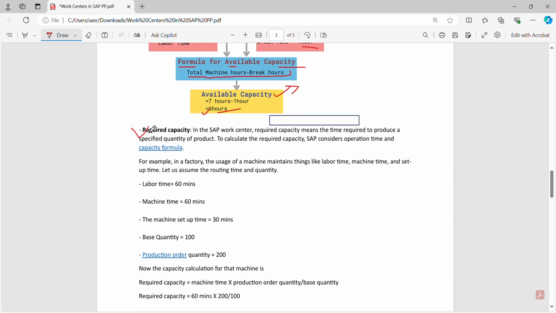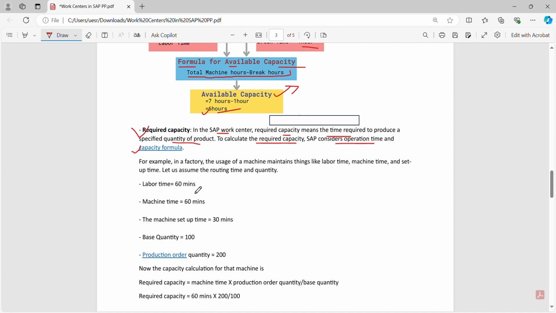Now required capacity. In the SAP work center, required capacity means the time required to produce a specified quantity of product. To calculate the required capacity, SAP considers operation time and the capacity formula.